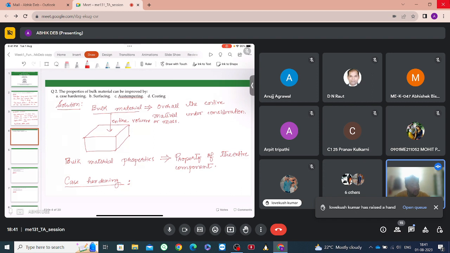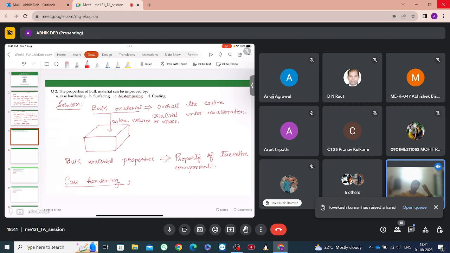Hardness is also a property of the entire component, but when you do a coating, the hardness of only the top layer of the component will change.